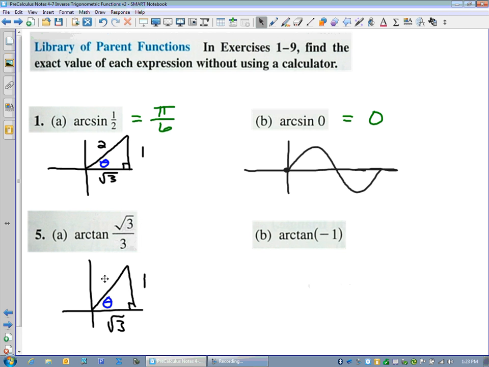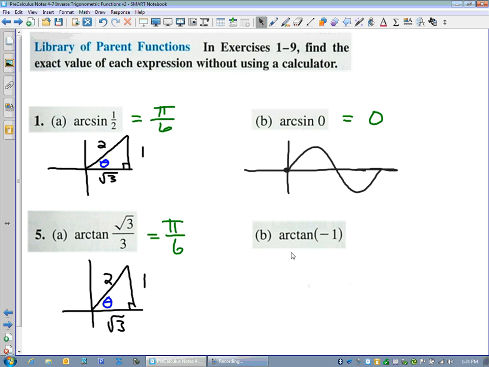So now we recognize 1, 2, square root of 3, 30, 60, 90 triangle. I'm opposite the 1, so therefore I'm the 30-degree angle, which again is pi over 6. Notice how it's the same exact triangle that you had for the first one. And you'll find yourself drawing the same triangle over and over in many cases. So the arcsine of 1/2 is equal to the arctangent of root 3 over 3.